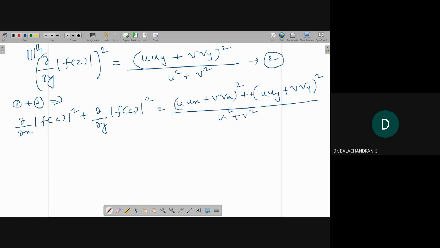Here apply the a plus b whole square formula.